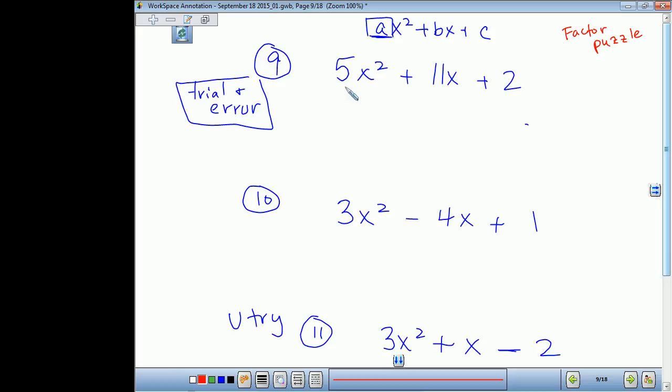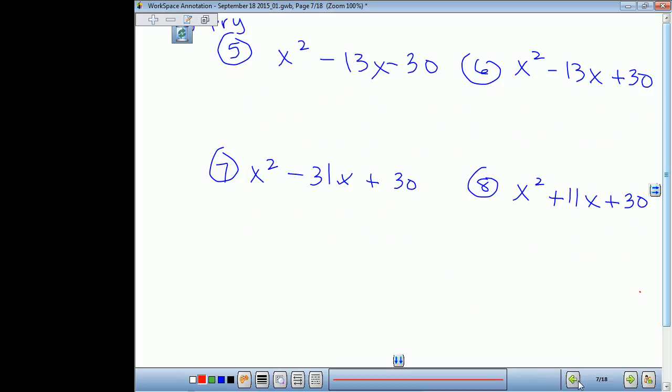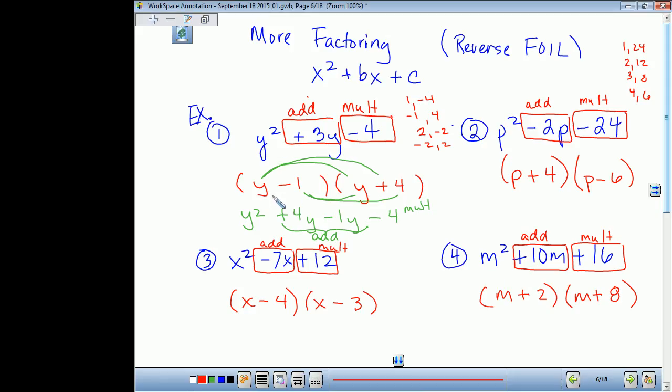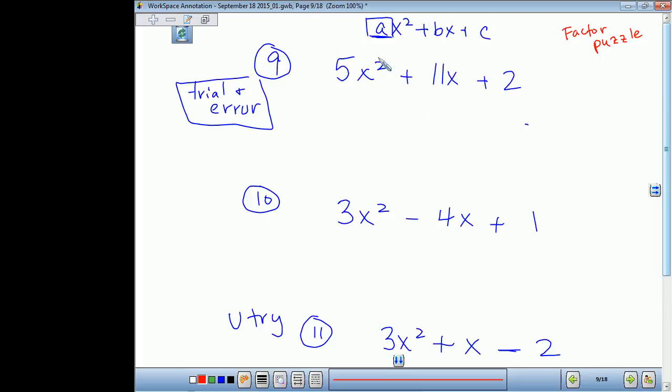Okay? Alright, so on this one, we're going to look at the first term because it's not 1. Before we just did x and x because it was just x squared, or y and y because it was y squared, or p and p because it was p squared. But this time, it's not just the variable squared, it's 5x squared.